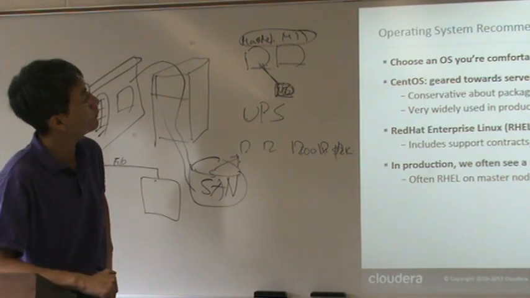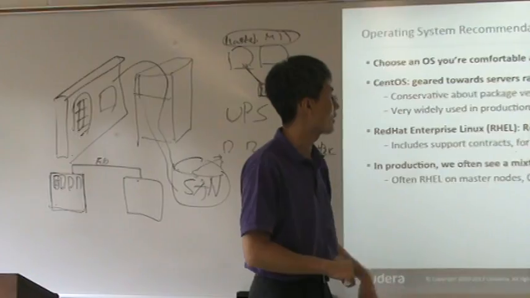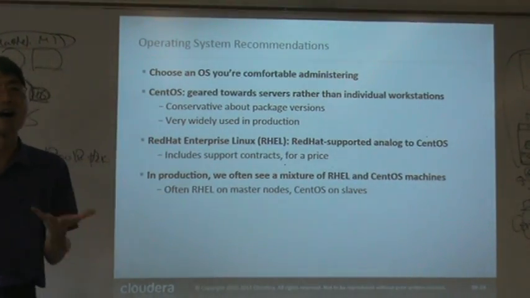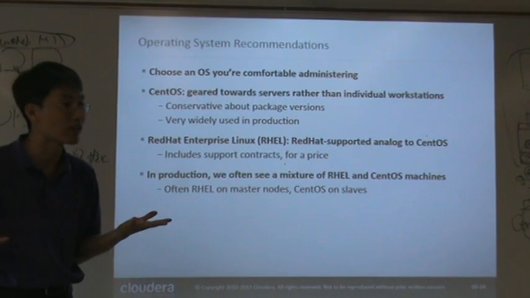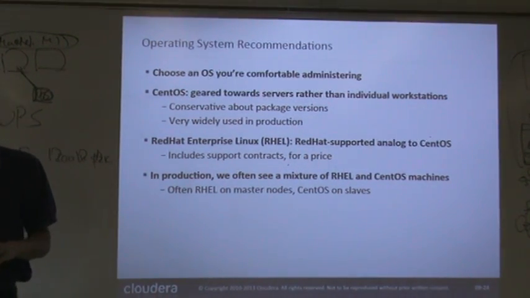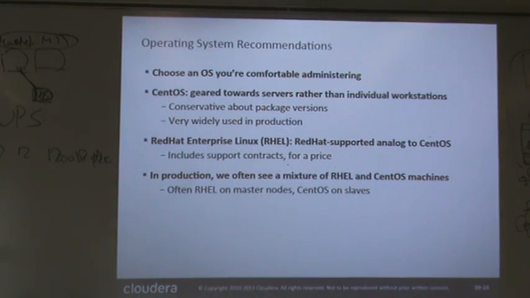Even though CentOS, Red Hat, and Ubuntu are all called Linux, they are different, so you need to think about that. For example, CentOS is used for the cloud and widely used for Hadoop systems.